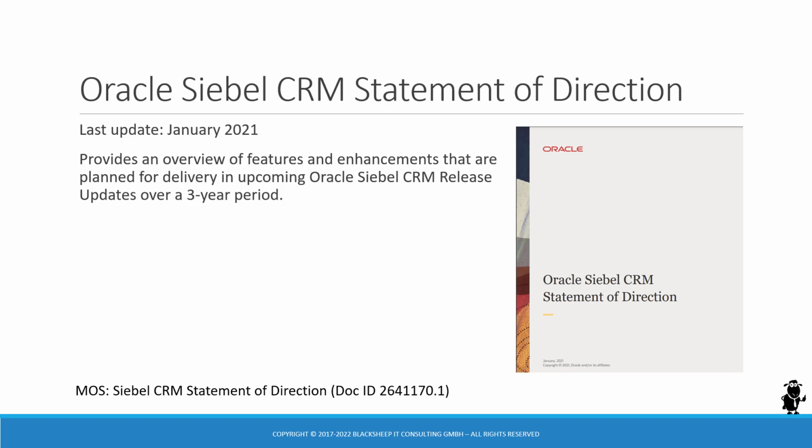At the time of this recording, the last update of this document is of January 2021, and the Statement of Direction document provides an overview of features and enhancements under Safe Harbor, of course, features and enhancements that are planned for delivery in, as Oracle says, quote, upcoming Oracle Siebel CRM release updates over a 3-year period. So if you have access to Oracle support, check out the document described below.